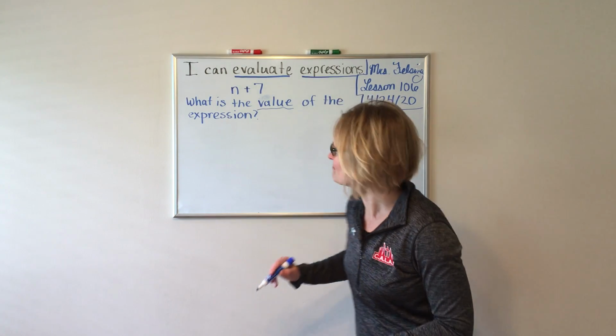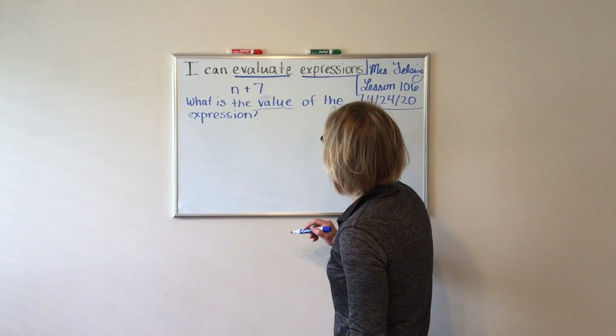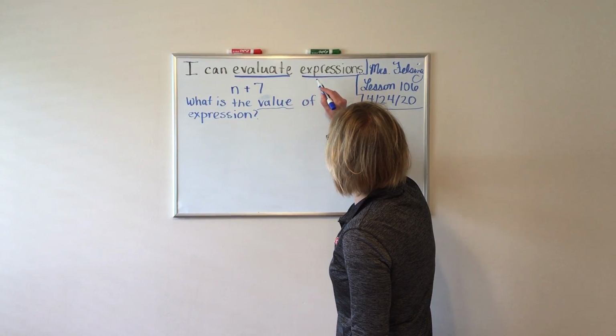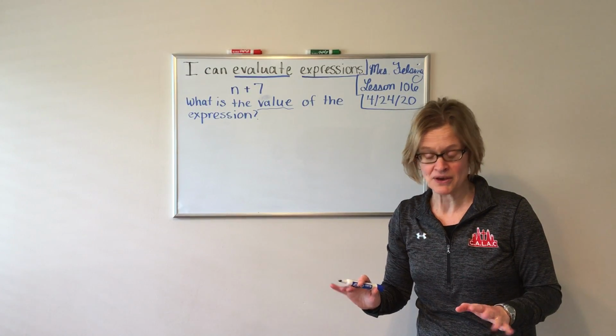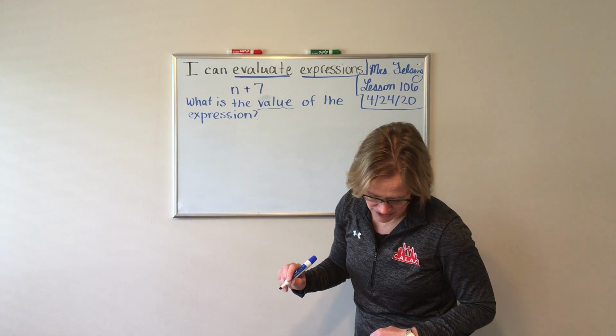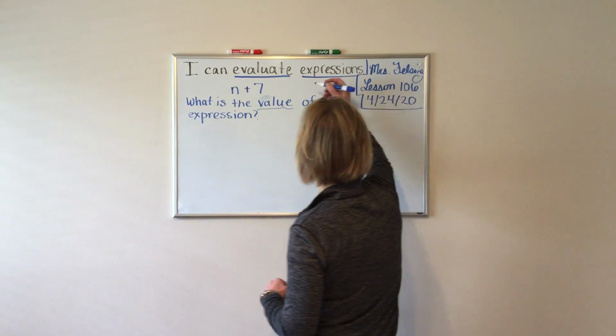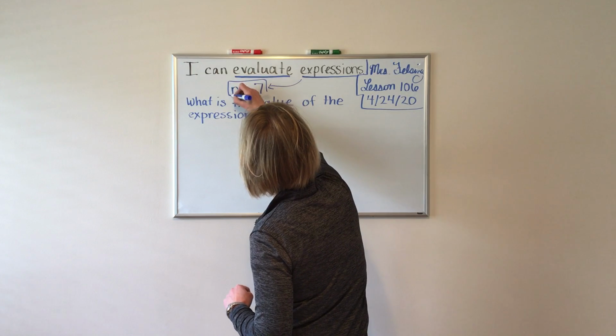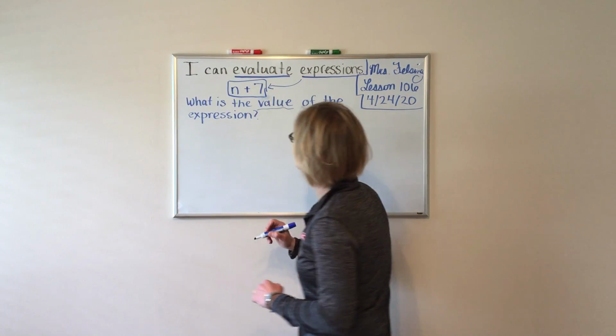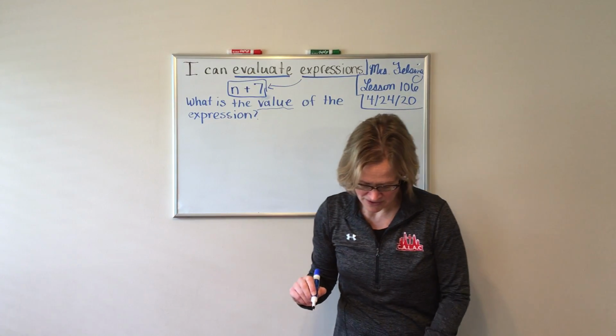Okay? So when we talk about evaluating an expression, first of all, let's figure out what these words mean. The expression itself is like this problem here with the n plus 7.